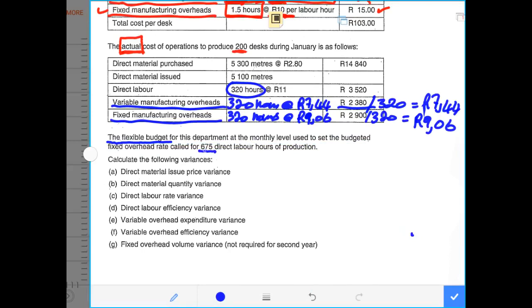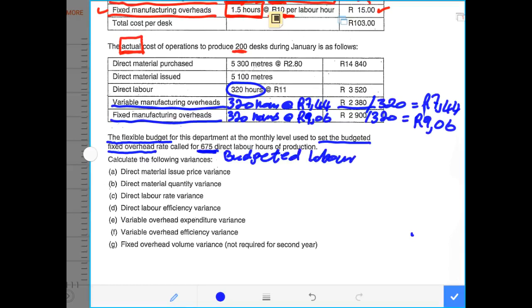So now these are the budgeted labor hours that were used to set the budgeted fixed overhead. They gave us the budgeted labor hours at last.